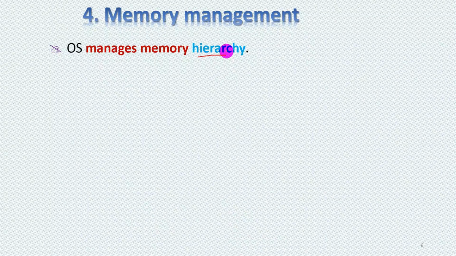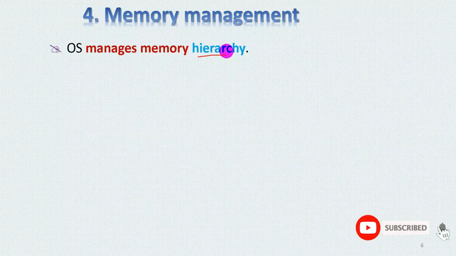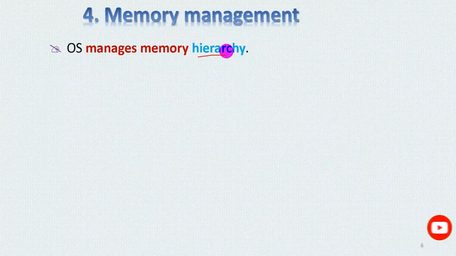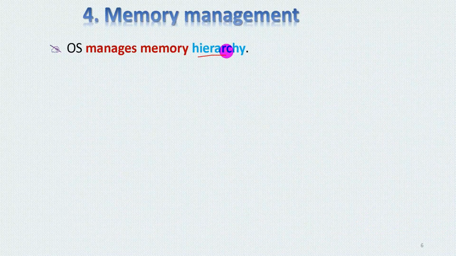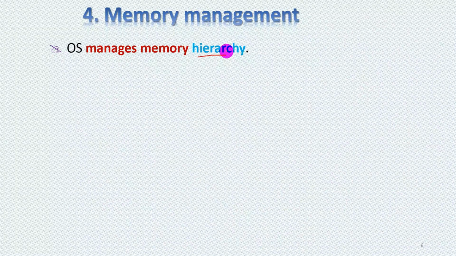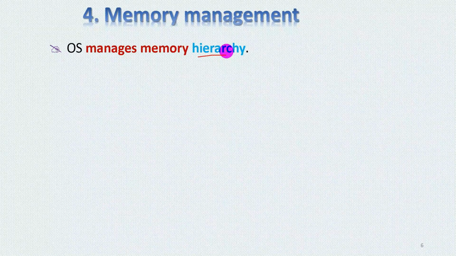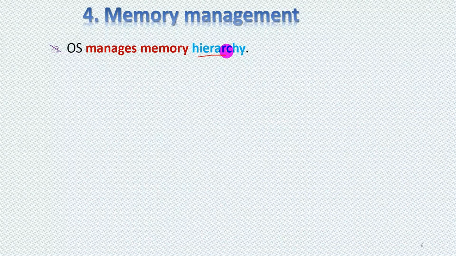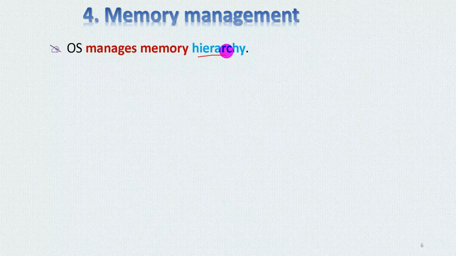So the operating system manages those memory hierarchies. Memory hierarchy considers one, the speed, and the second, the storage capacity. For instance, a register has high speed but very small storage capacity. A hard disk or secondary storage device stores large or complicated data permanently, but in order to access or extract information, or to save any information or data to this secondary storage or hard disk, it is slow.